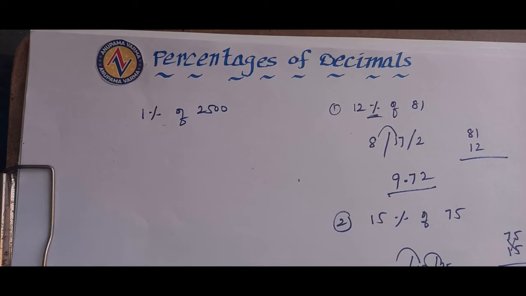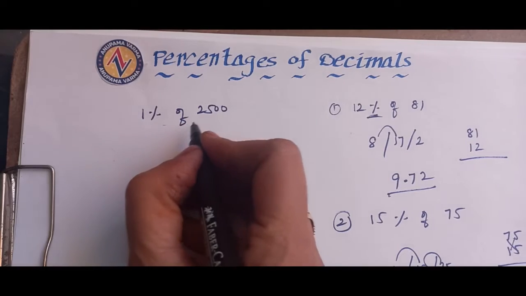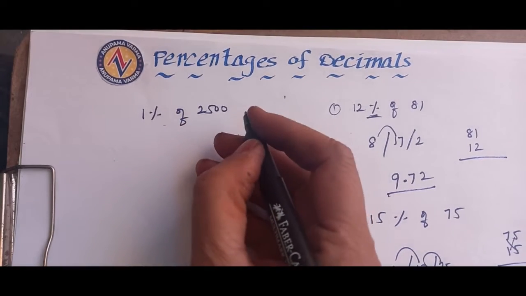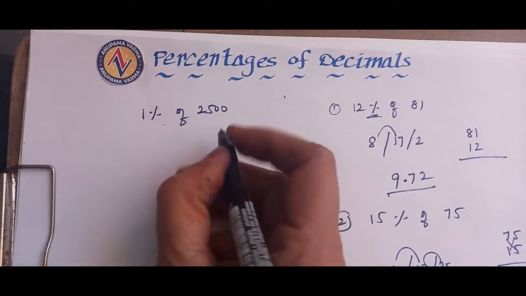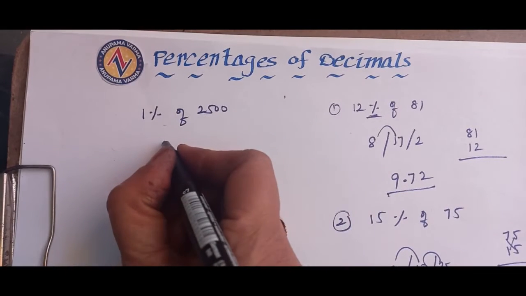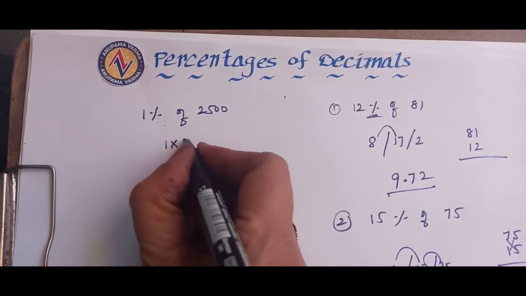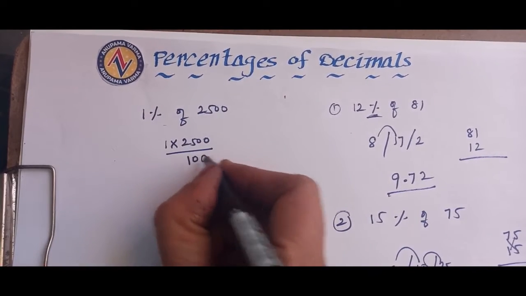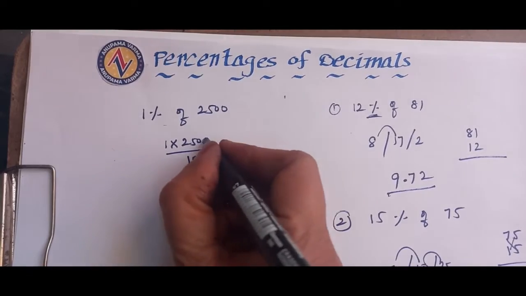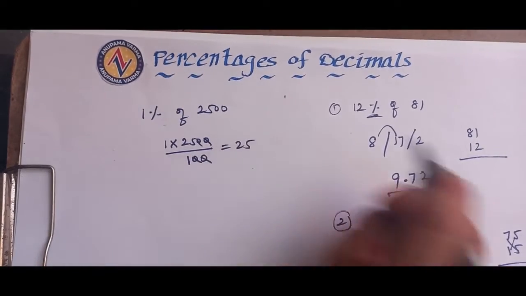Before calculating percentage of decimal numbers, it is better to know two concepts, that is 1% and 10%. Let's take 1% of 2500 now. So how to find 1% of 2500? Percent means by 100, right? So simply 1 into 2500 by 100. 2 zeros cancel. We are writing 25, right?